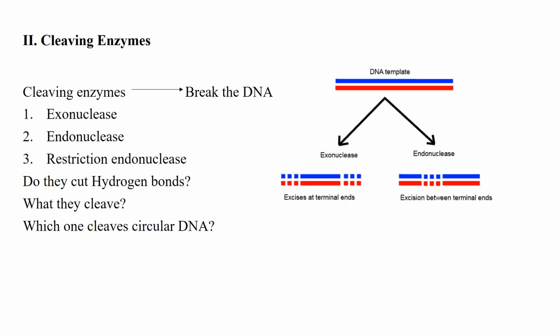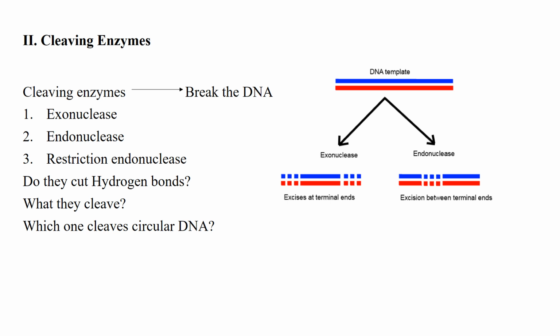We discussed lysing enzymes, and the second group of enzymes are known as cleaving enzymes. That means they cleave the genetic material, that is DNA. Cleaving enzymes are of different types: exonuclease, endonuclease, and restriction endonuclease. This is the DNA template.